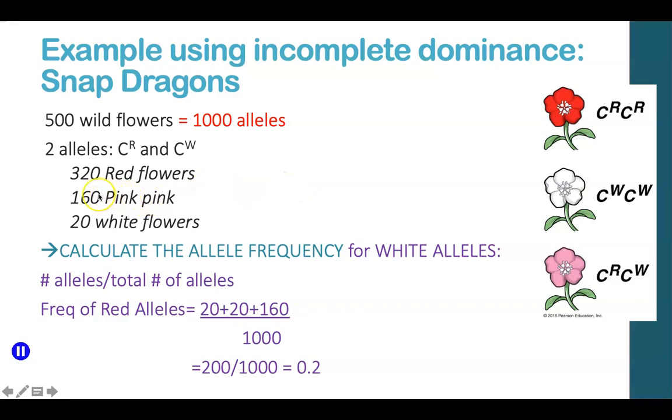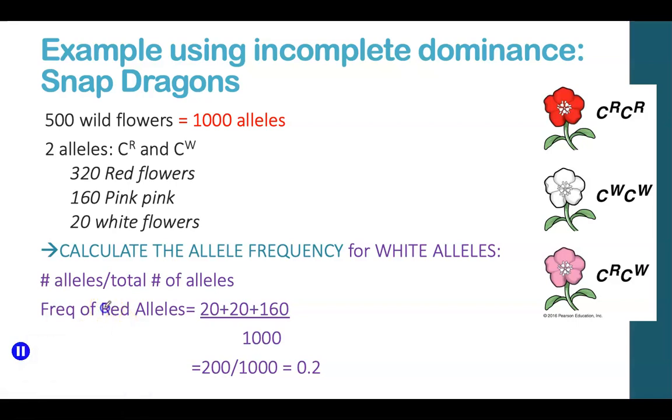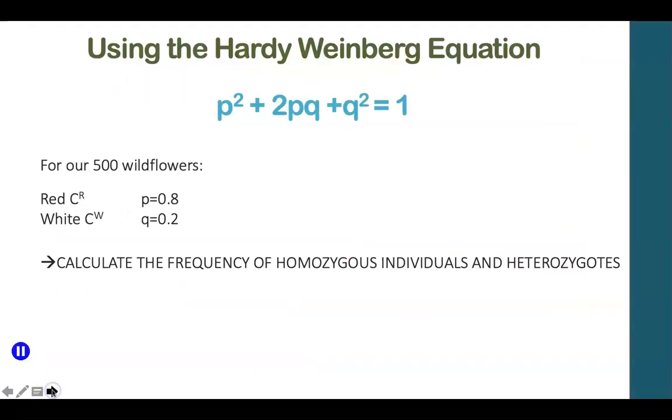So we're going to add in the 160 white alleles from the pink flowers for a total of 200 white alleles out of 1,000. Which is going to be 0.2. So our frequency of white alleles is going to be 0.2.